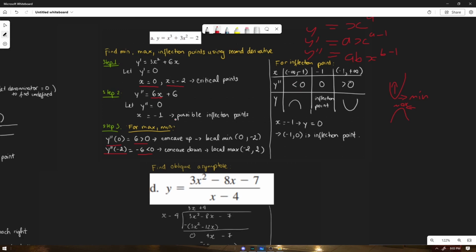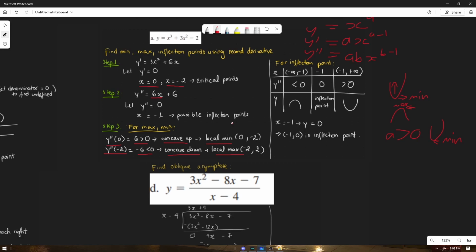When it's bigger than 0, you get a concave up, which gives us a local min. But when it's smaller, it gives us a concave down, and that gives us a local max. It's a bit confusing at the start, but basically bigger than 0 gives up, which also means min. Yeah, that's the whole story of it.